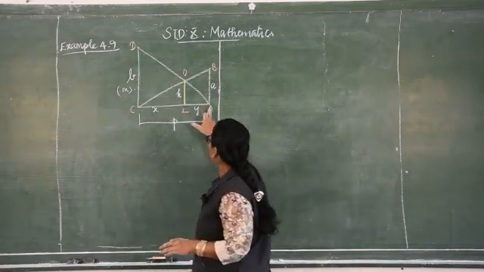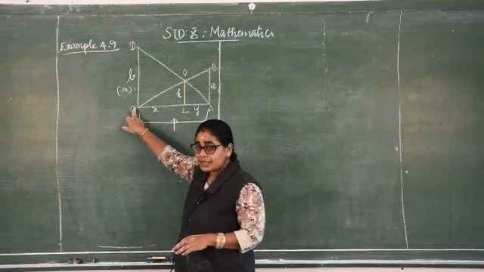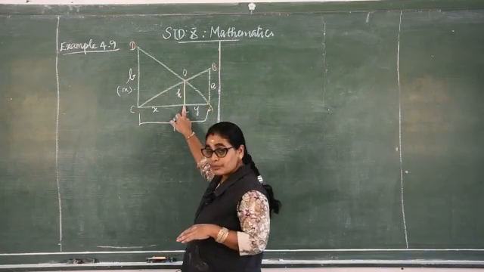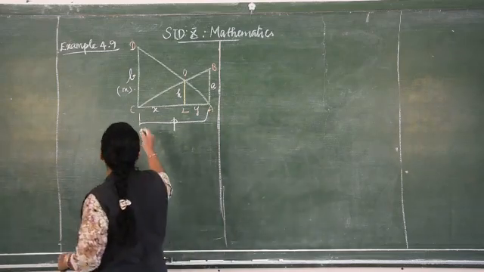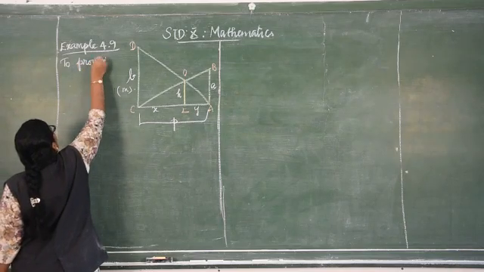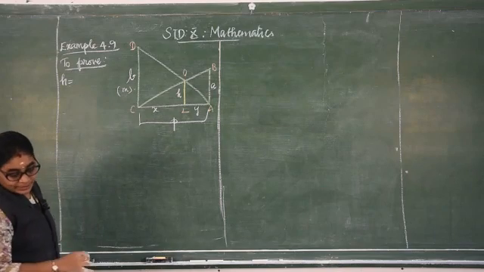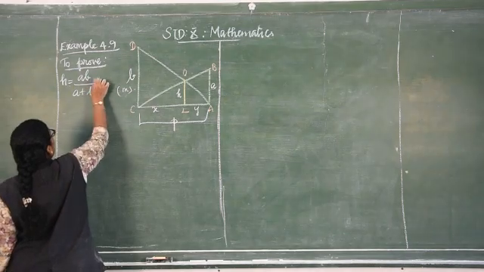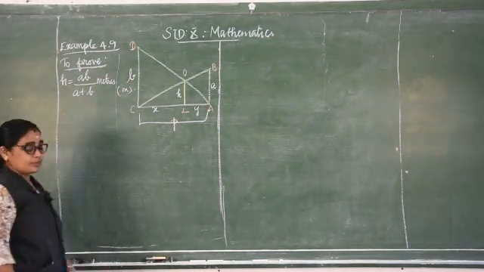This top is reaching the foot of the other one, and this top is reaching the foot of the other one, and where they meet, this point, and the line joining the base, this height is given as, so let me write, to prove: height is equal to AB by A plus B meters. This is the thing we are supposed to prove.